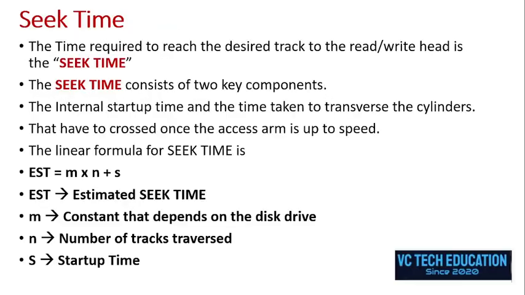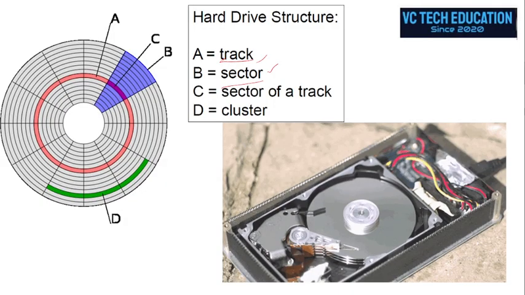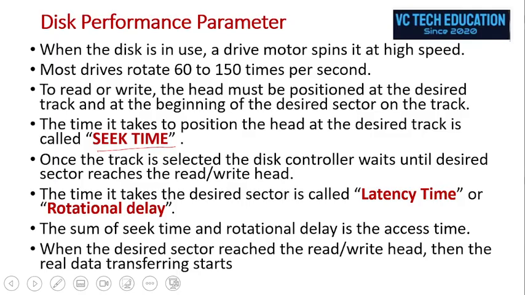You can see a head which is moving to a track on the disk. Most drives rotate at 60 to 150 revolutions per second, and first it will go to the head starting position, and from that particular position it will track. That comes under the seek time. So here we are going to identify the seek time.